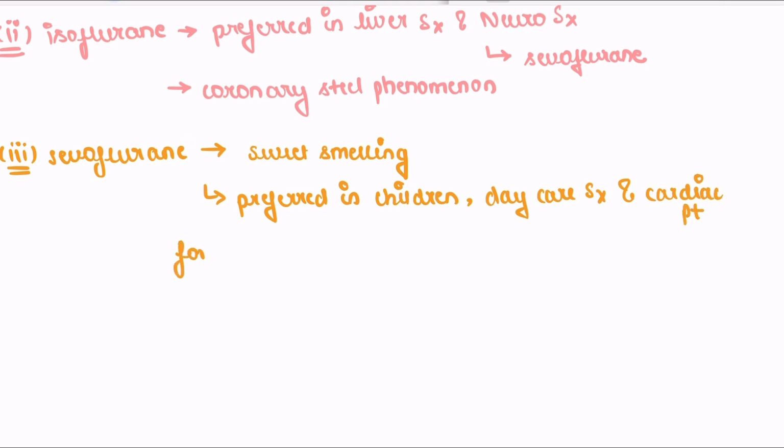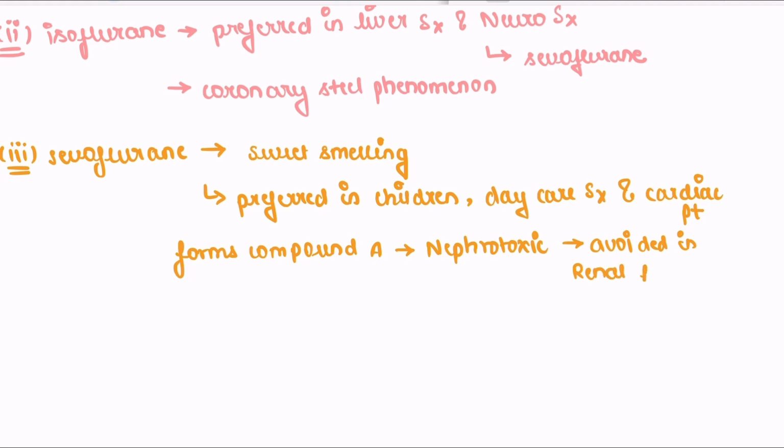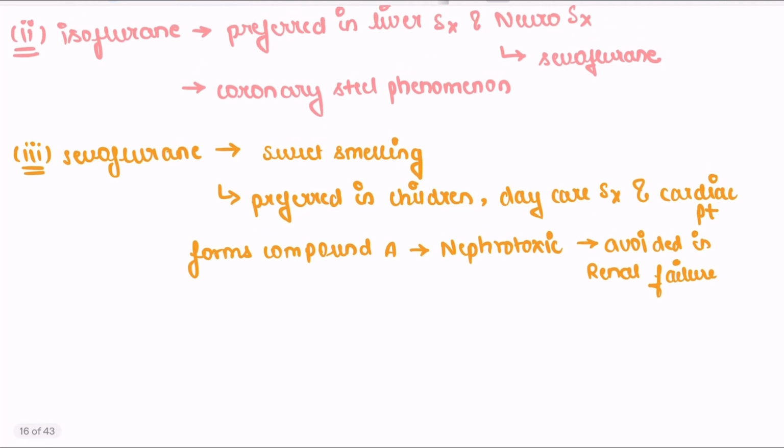It forms compound A, therefore it is nephrotoxic and avoided in renal failure. The next drug is enflurane. The only point you want to remember about enflurane is that it is contraindicated in epilepsy.